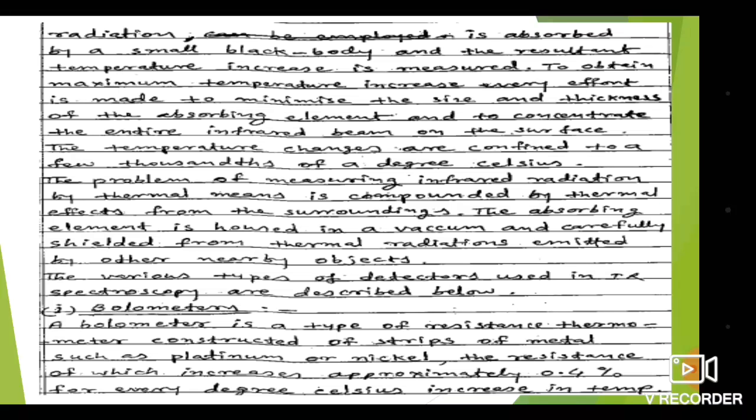To obtain a maximum temperature increase, every effort is made to minimize the size and thickness of the absorbing element and to concentrate the entire infrared beam on the surface.